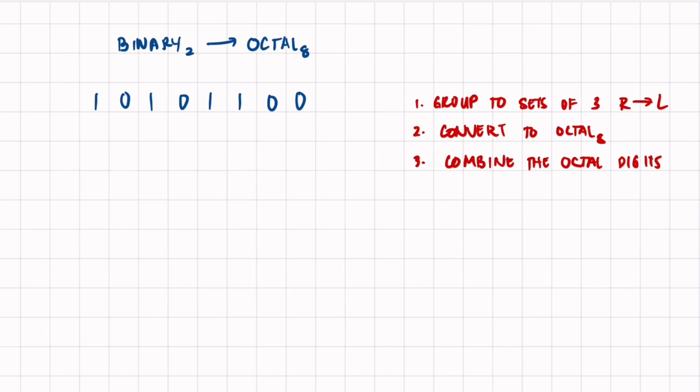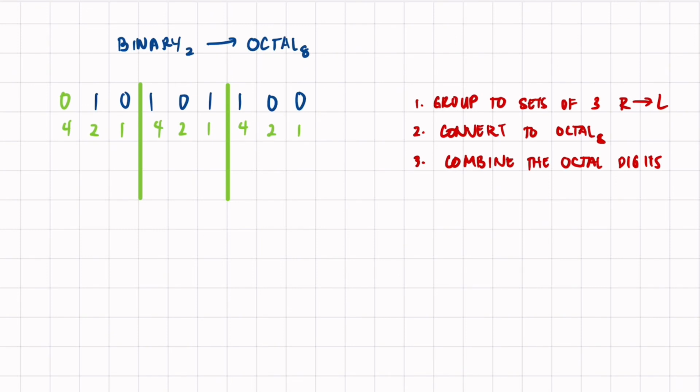So again, we just need to group them into sets of 3. And we have to add leading zeros if needed. Next is to write our bases. So 1, 2, 4, 1, 2, 4, 1, 2, 4.